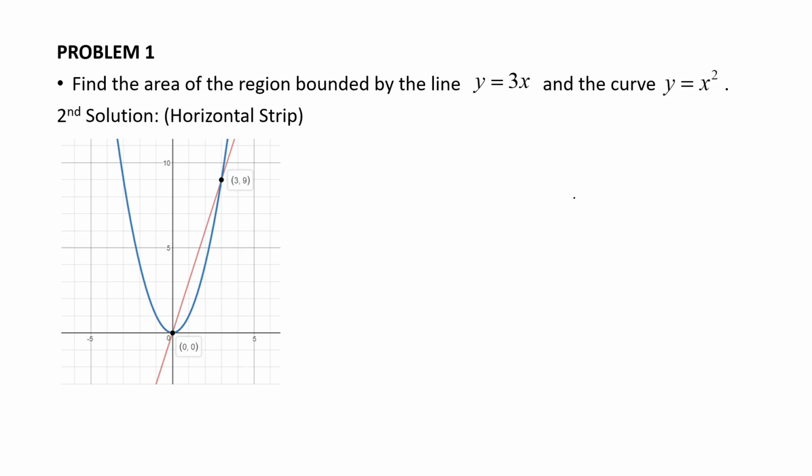So let's try to proceed with the horizontal strip. I just borrowed the graph from the previous problem. So we're still going to solve the same problem to verify whether we're still going to get 4.5 if we're going to use the horizontal strip.